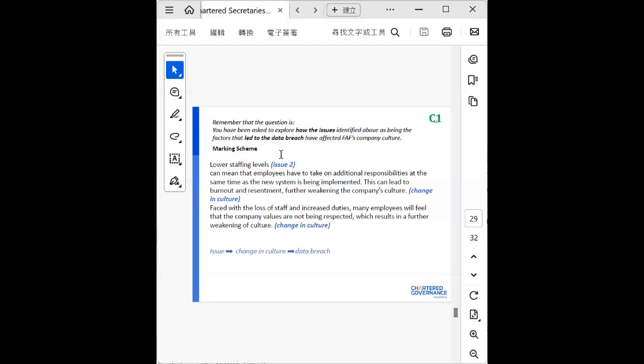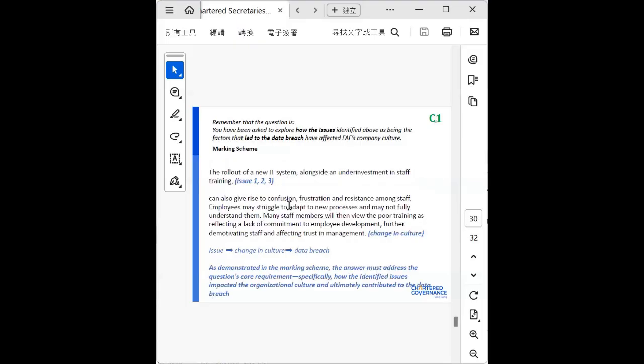So lastly, you can see lowering the staffing level, that is cutting the staff level, how it affects the culture, and how eventually these things will affect the data breaches. So hopefully by looking at how they structure the model answer, that reminds you how to approach your question.